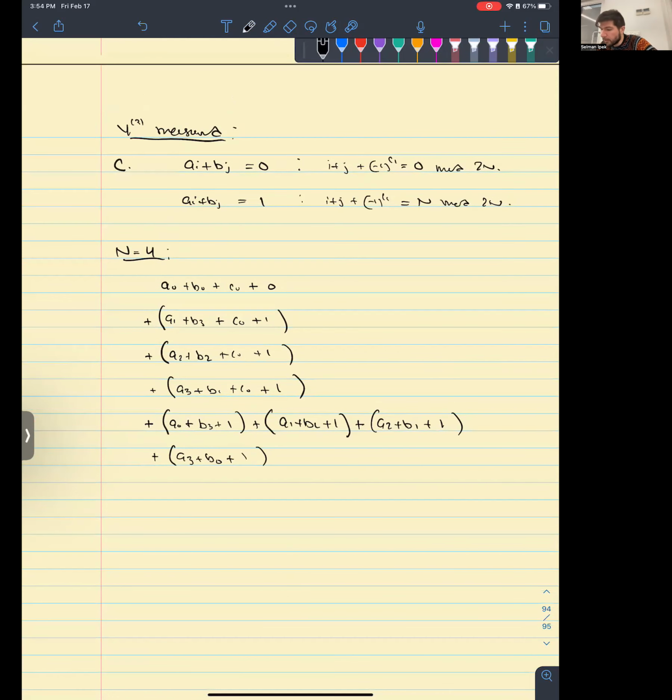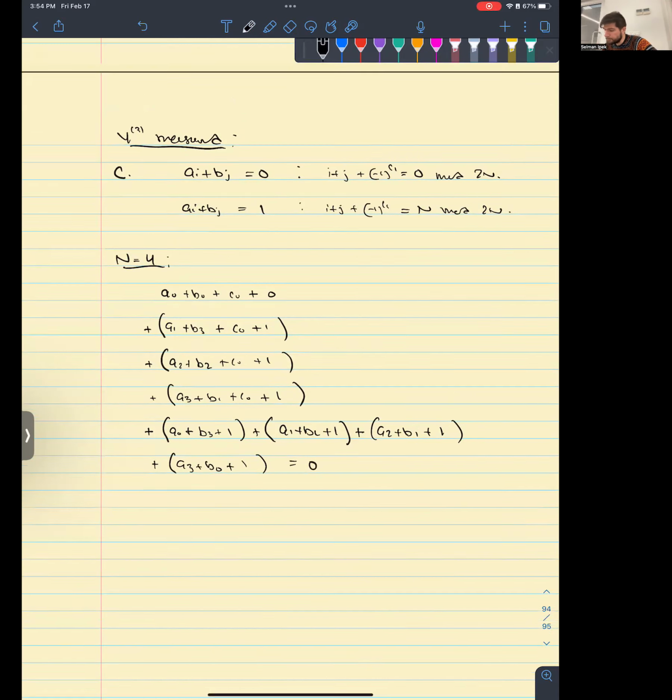And because I already added the right-hand sides into this, this is all going to be equal to 0.